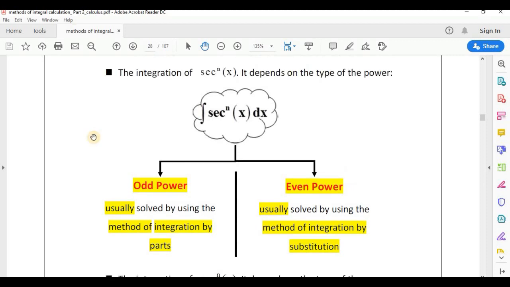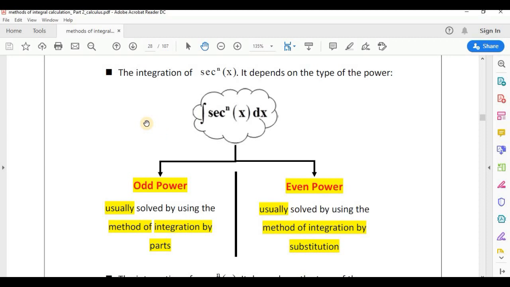Before we go to the practical example, we need to mention it is possible to solve this type of integral for sec by using integration by parts regardless of whether the power is odd or even. We can use integration by parts directly.